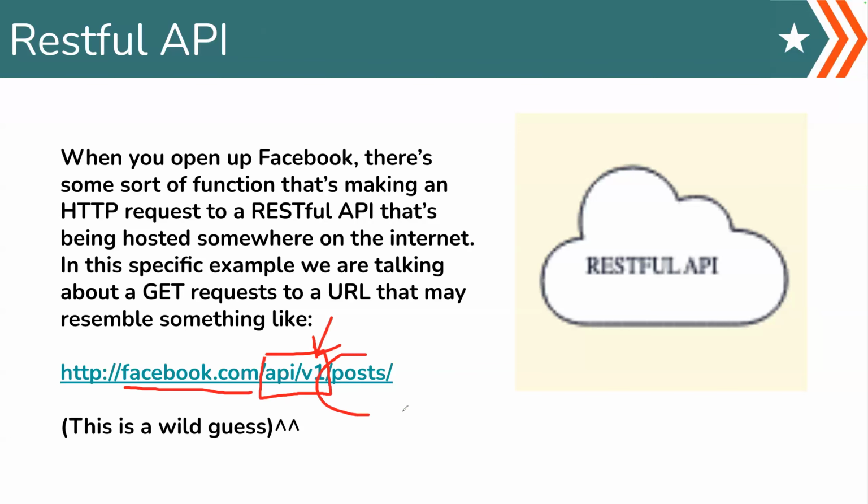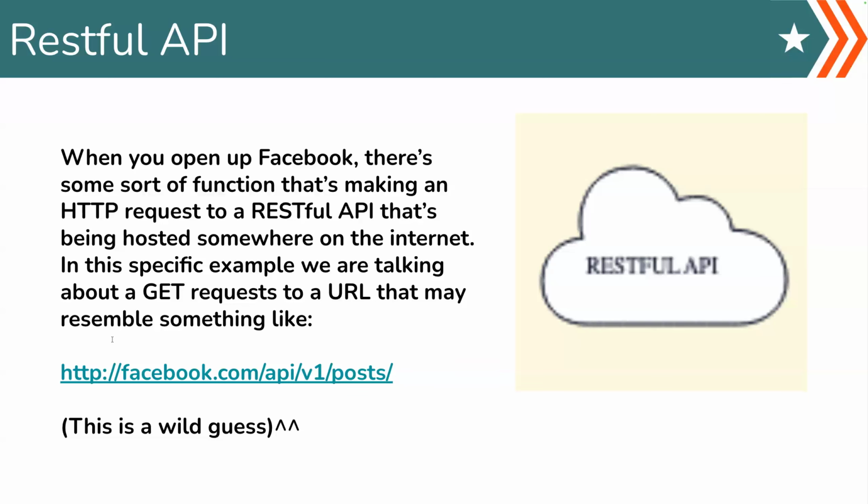And then over here, we have a resource, right? There might be a posts model in Django that Facebook has. Maybe, maybe not. And so this is part of the pattern of a REST API, where these names in the URLs represent resources that we probably are going to have a model for.